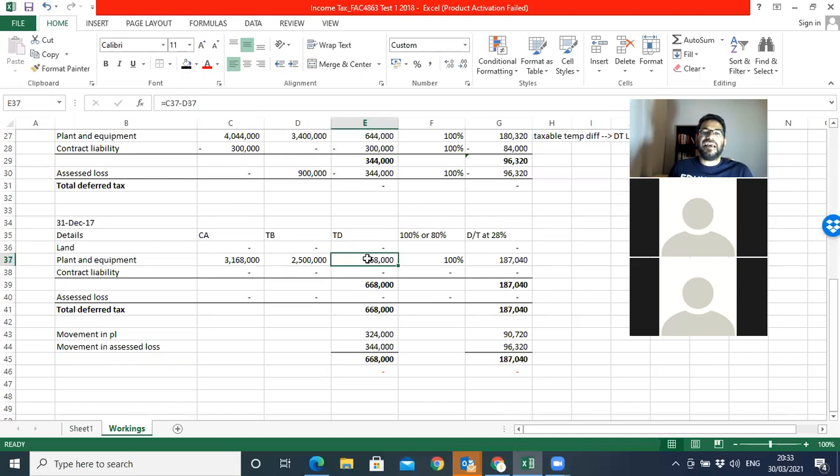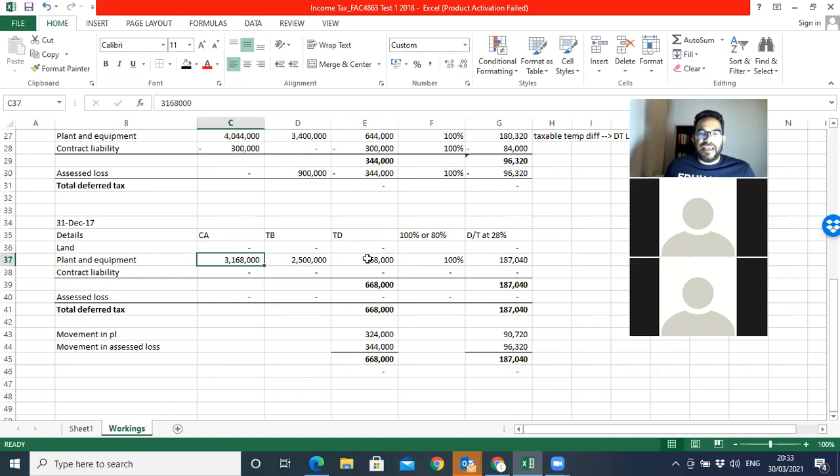The question is, is it a taxable temporary difference or a deductible temporary difference? The way you think about it is as follows. The way I'm going to explain it now is how you write it to the CEO, but remember, you can choose better wording, okay?